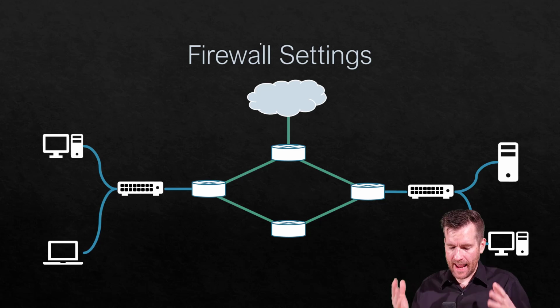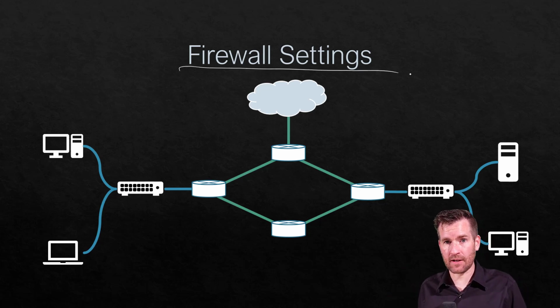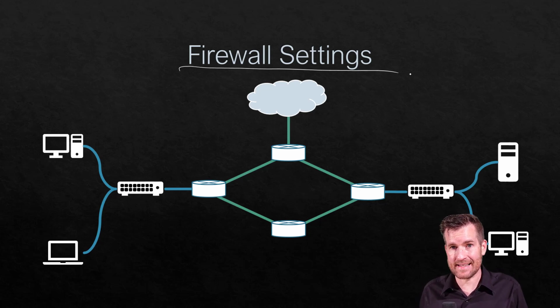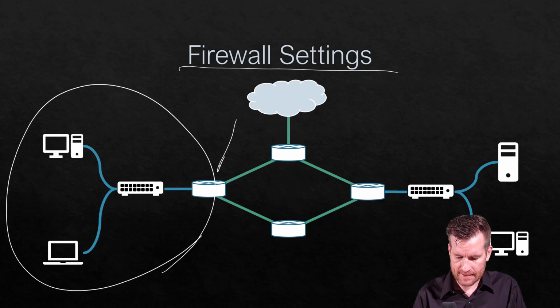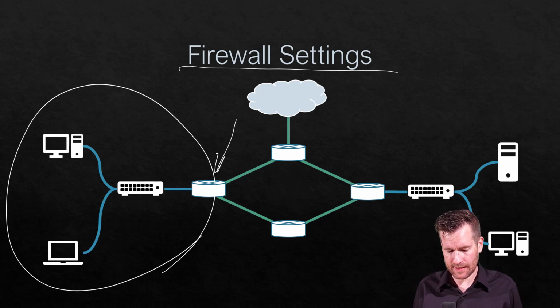Even layer 4 can have some issues. One of the big issues from a layer 4 perspective could be the firewall settings. A firewall on your network is designed to protect your network. So perhaps this network right here has a firewall that protects it from traffic, so certain traffic is not able to get to it.